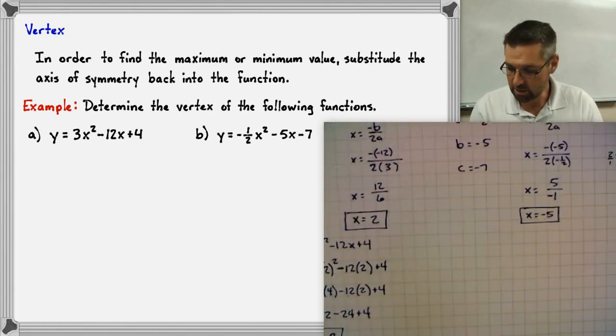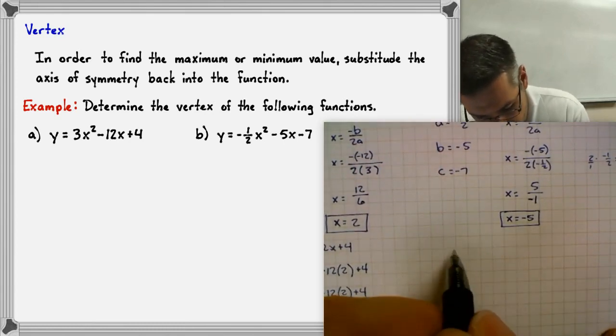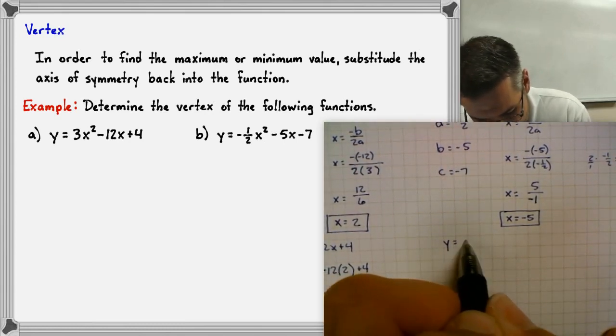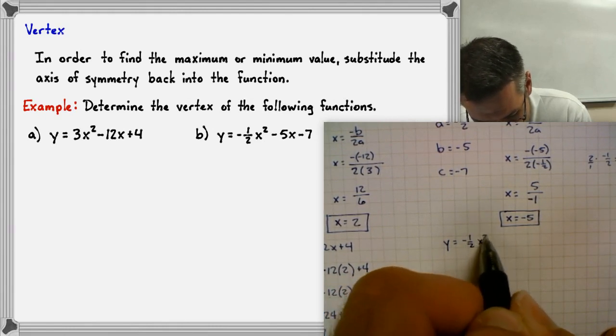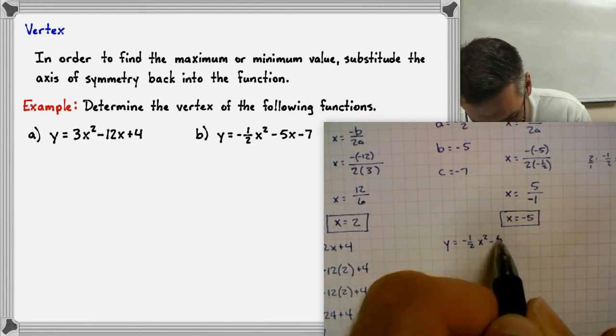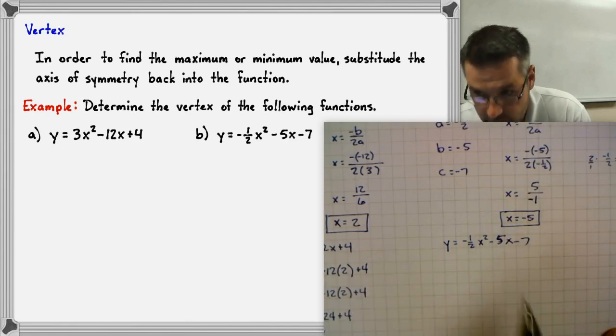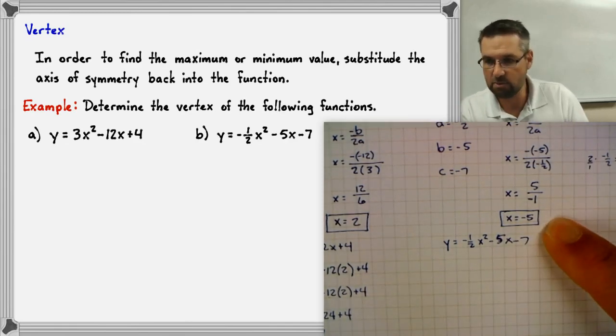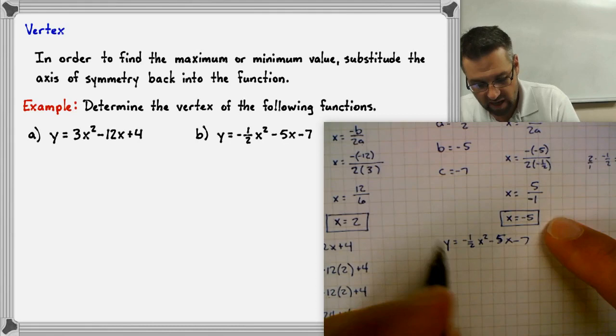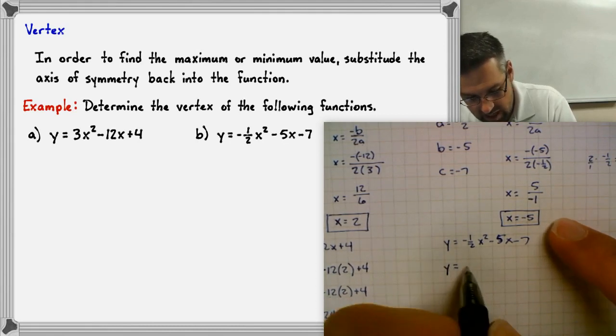Okay? So let's go ahead and take a look at the second one here, where we have y equals negative 1/2 x squared minus 5x minus 7. Well, remember our axis of symmetry was negative 5. So to find the max or min value, we need to plug that negative 5 in.